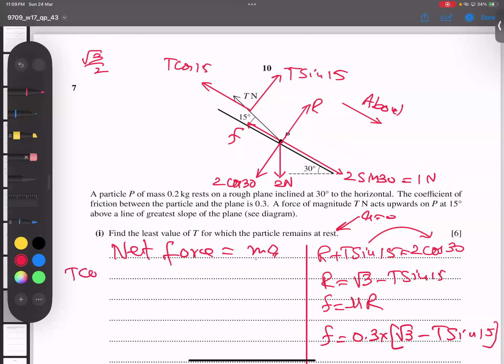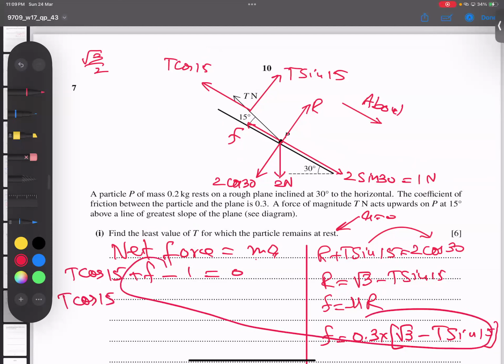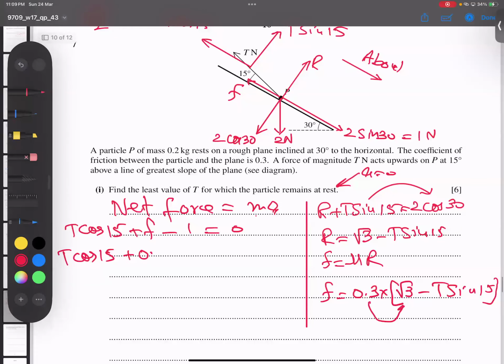So T cos 15, supportive force, is friction plus friction, and this is against. You write 2 sine 30 or you write 1, same thing. I'm writing -1 equal to 0. Now T cos 15 and friction value come from here. So I'm writing 0.3, and 0.3 can multiply inside, student, like this.